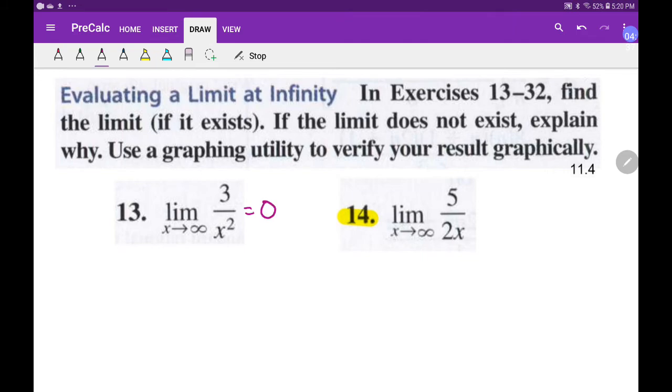And by the way, just in case you were curious, for rational functions where the degree is bigger on the bottom, the horizontal asymptote is the x-axis, which is y equals 0. Either way you look at it, as x gets really big, the 3 no longer matters, so you may as well just say the limit is 0, and that is what the limit is. It's 0. Okay.